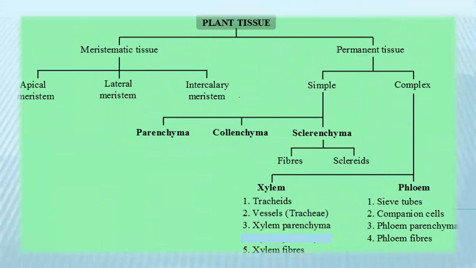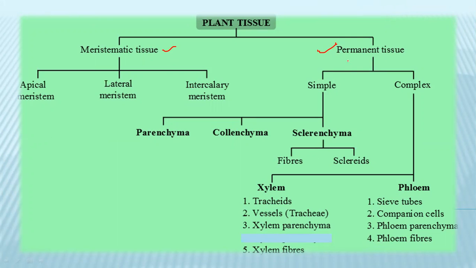We will first take a brief look at the plant tissues in a flow chart. You can see plant tissues are of two types: meristematic tissue and permanent tissues. Meristematic tissues are divided into apical, lateral, and intercalary meristems.